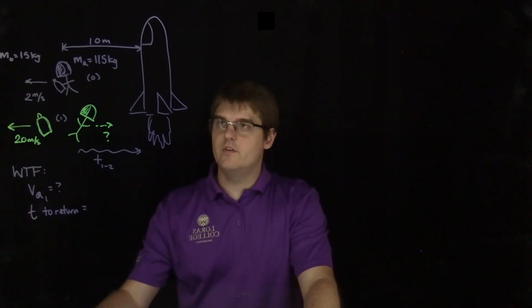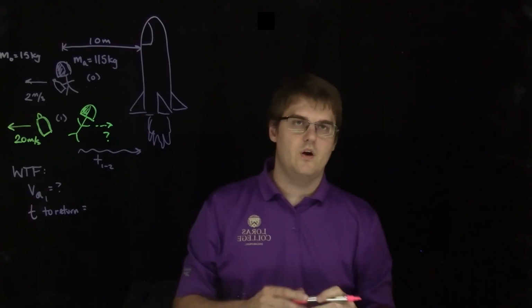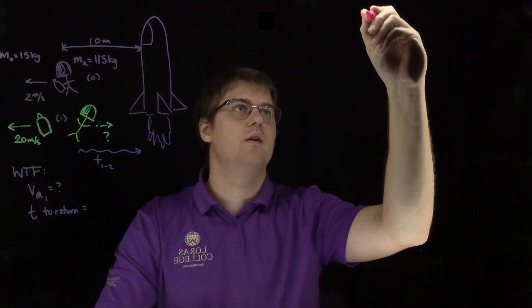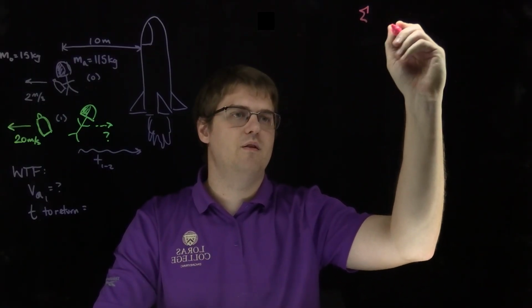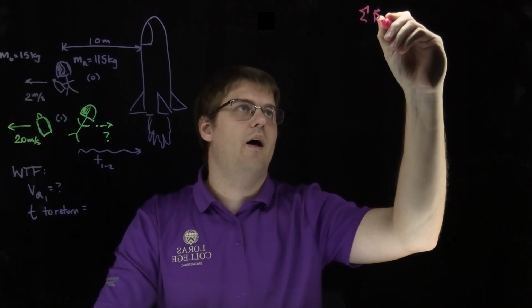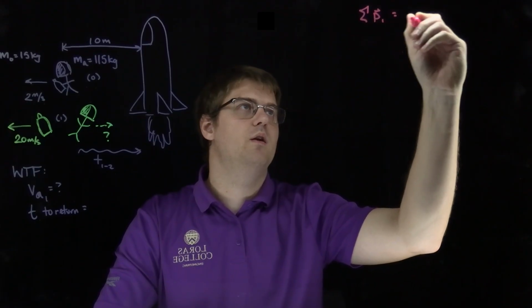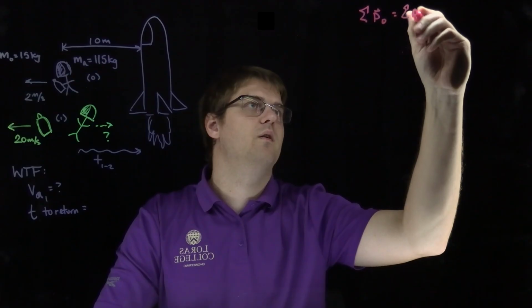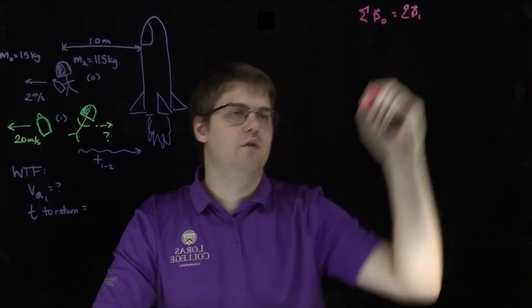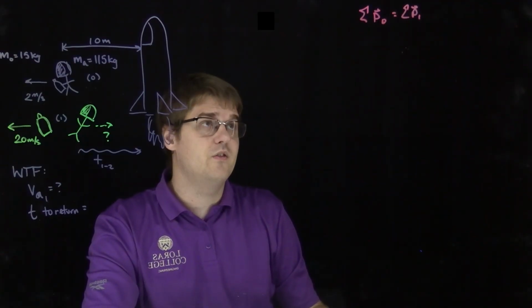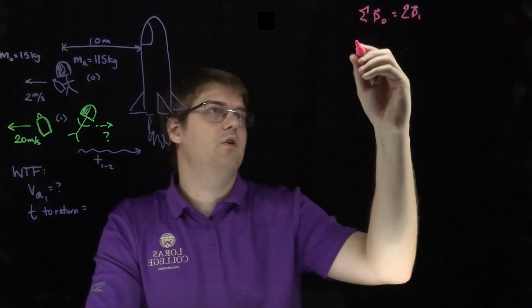In order to solve this, we are going to use our conservation of momentum equation for explosions. So we can say that the sum of momentum, which we could write as p, at time 0 is going to be the sum of our momentum at time 1. And if you watched the last video, or if you sat in class already for this, you know that I normally don't even write this out.